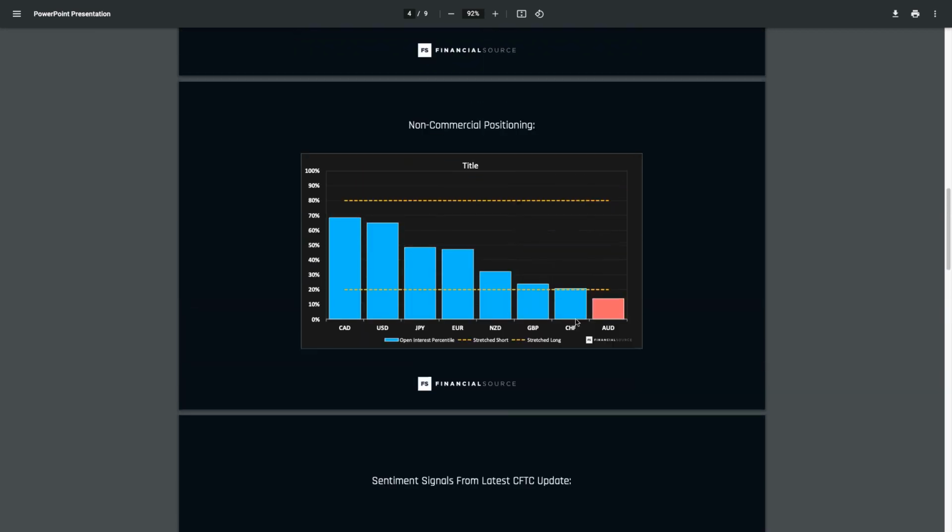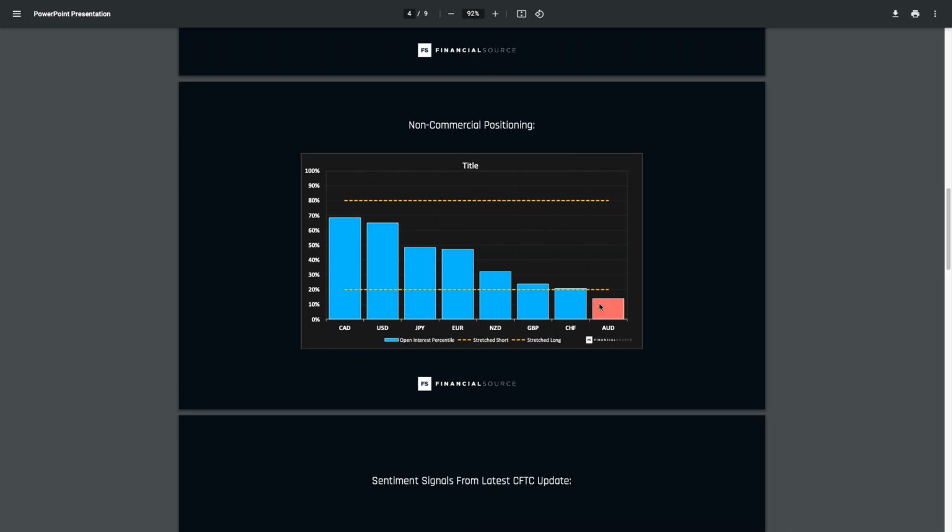You can see here, for instance, with the Aussie dollar, it's in a stretched short position. Below that region, the shorts are definitely stretched. So if we get any good reason to buy the Australian dollar, bang, we want to take it. It could be the end of zero COVID policy, a reflationary outlook for the globe, or a big surge in copper demand or iron ore demand.